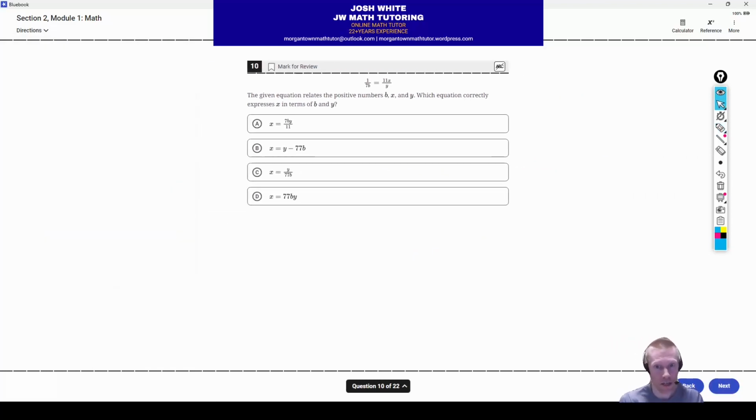All right, number 10. Here we have a proportion, and they basically want this solved for x in terms of b and y. So easiest way to do this is to go ahead and just multiply on both sides by y. That would give you y over 7b equals 11x, and then divide by 11. Here's where it gets a little tricky.